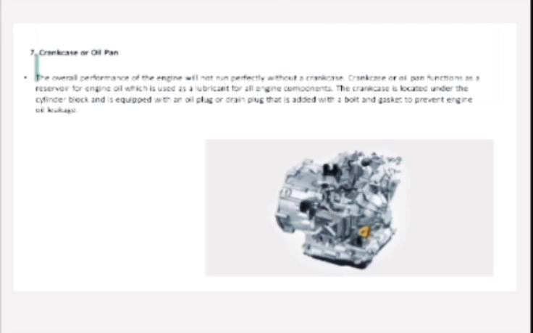The oil pan is located under the cylinder block and is equipped with an oil plug or a drain plug that is added with a bolt and gasket to prevent engine oil leakage.